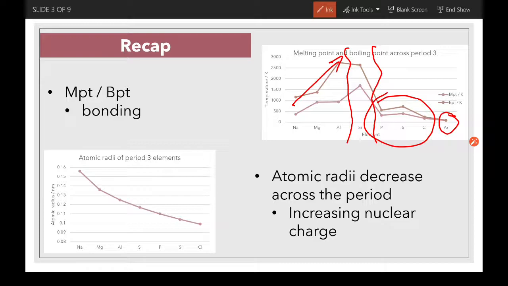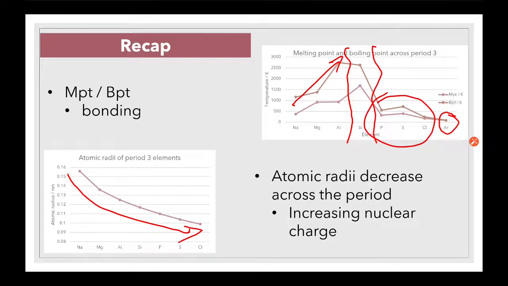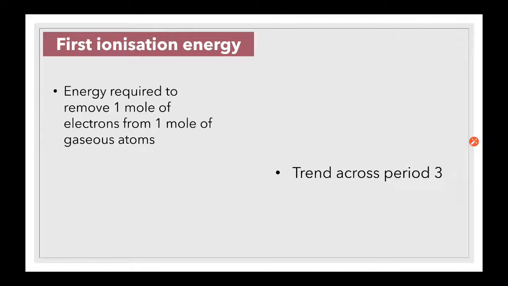Right, then we looked at atomic radii, and we could see that they decreased as we went across a period, and this was all about the increase in nuclear charge, pulling those outer electrons closer to the nucleus as we went across. Right, so what we're going to look at today is first ionization energy, and just as a recap, what was first ionization energy?